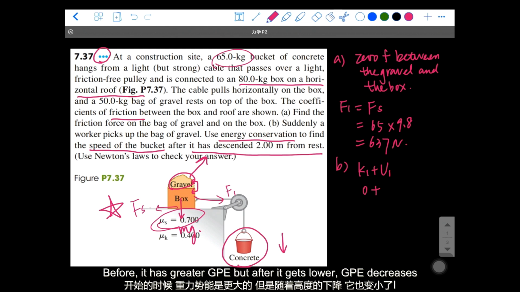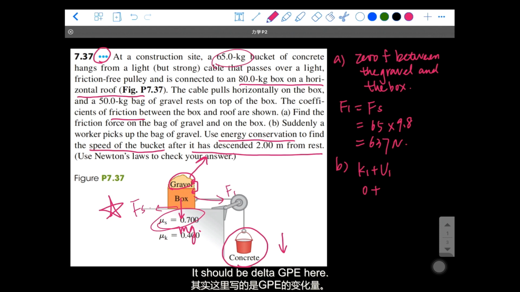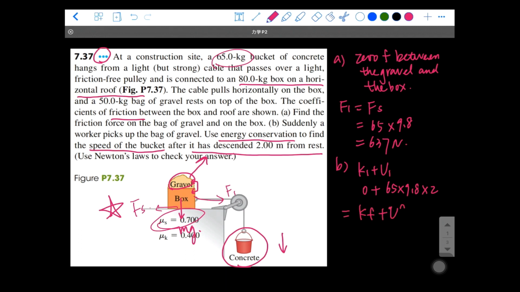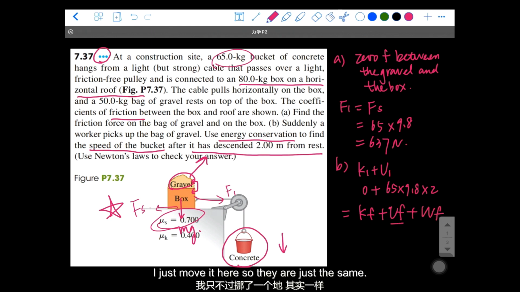So we'll write it as delta potential energy here, right? And it should equal K final plus U final. But you see, I just moved it here, so they will just mean the same.